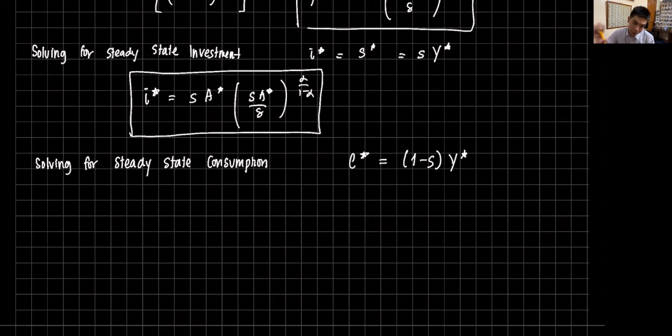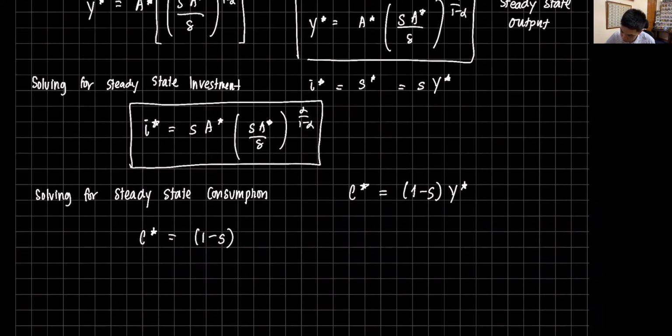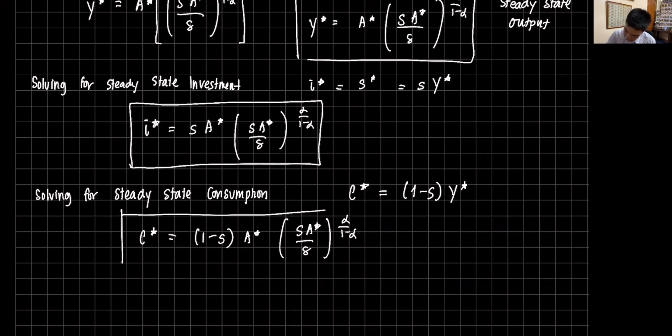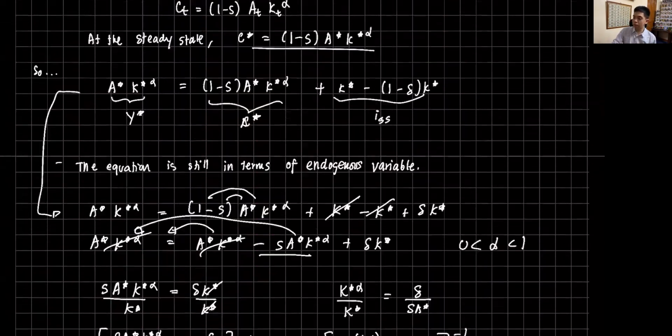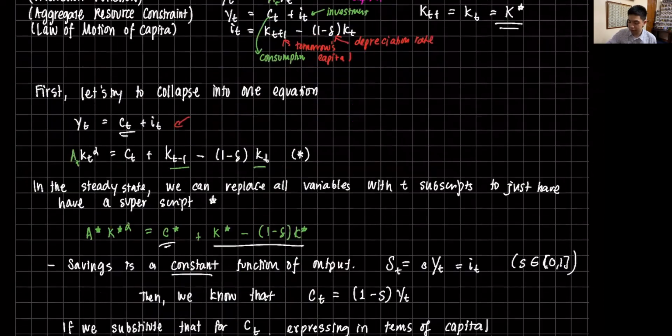So that's the proportion 1 minus S, and that's basically as simple as steady state investment. C star is equal to 1 minus S times Y star, which is A star times S A star all over delta raised to alpha over 1 minus alpha. And that's C star there. So we have solved for all the steady states here.